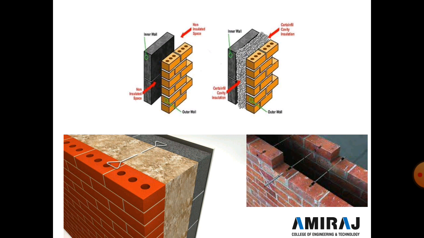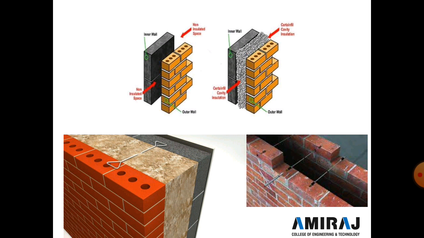In figure number 2 we see an arrow is provided. The arrow is provided to bind the two walls, inner and outer wall. Clear? Same here in figure number 3, wire binds the two walls, inner and outer, and between the two walls a gap is provided.